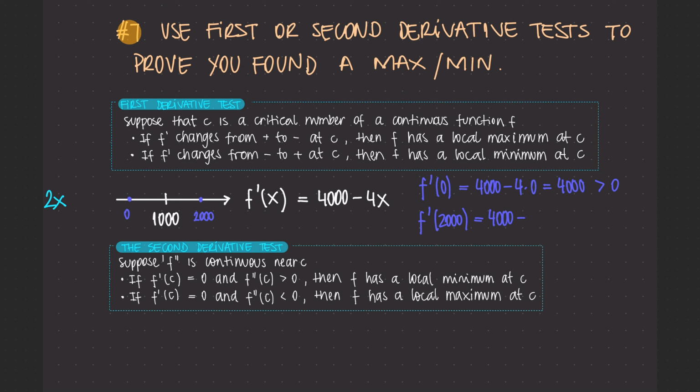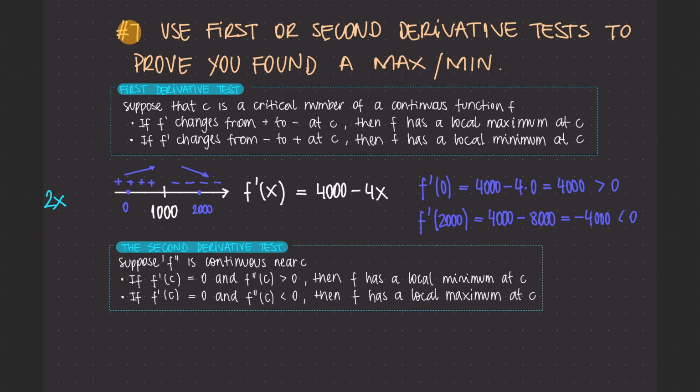That is 4000 minus 8000, which is negative, meaning that for numbers less than 1000 the derivative is positive, and for numbers greater than 1000 the derivative is negative, which means, by the way, that the function is increasing and then decreasing. Therefore, at x equals 1000, we have a max. If it changes from positive to negative, we have a local max.